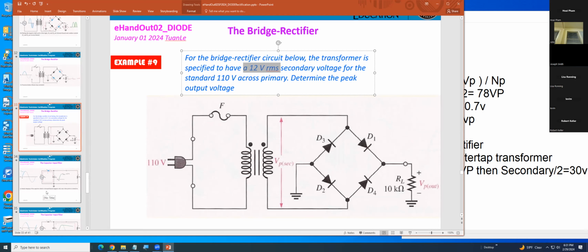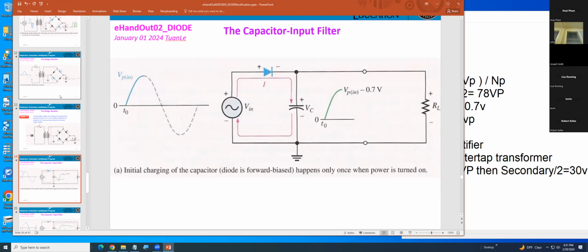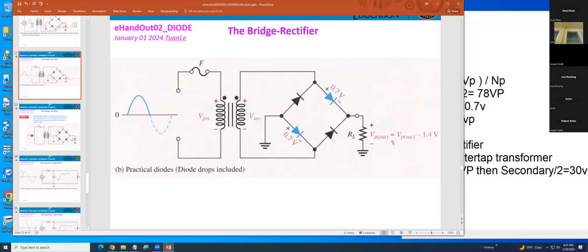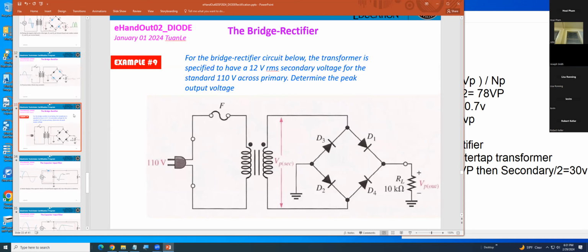And if you apply the formula here, V peak out equals V peak secondary minus 1.4 volt. However, you have to pay attention on that one. They say they have a 12 volt RMS secondary. That's a V RMS, not V peak.